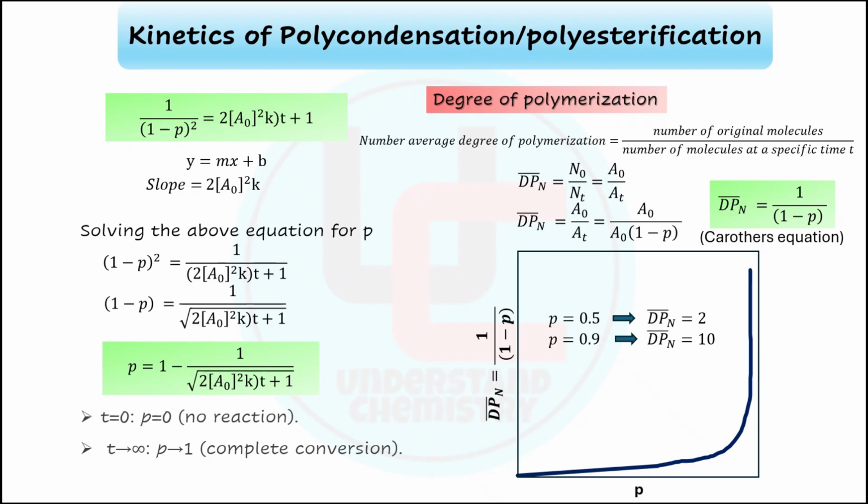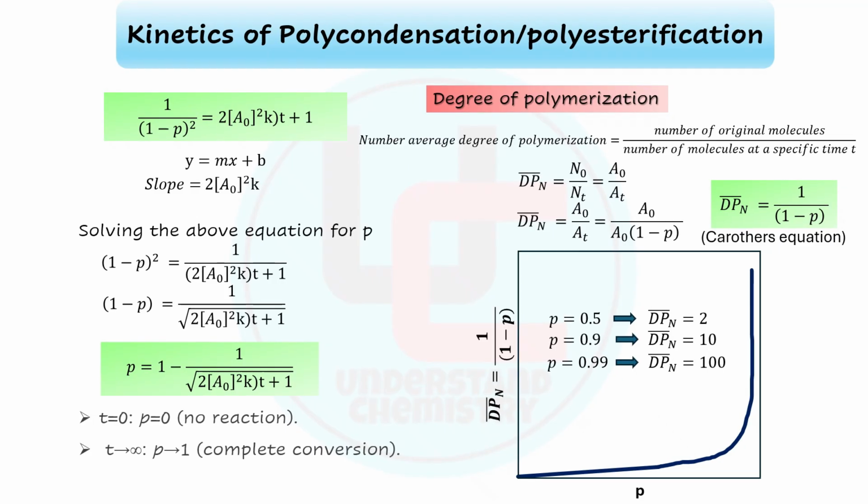And if the value of P is 0.99, the degree of polymerization will be 100. This indicates how crucial the parameter P is to achieve polymer of high molar mass. This graph not only demonstrates the need for high conversion to synthesize high molar mass polymer, but also highlights the importance of precise reaction control.